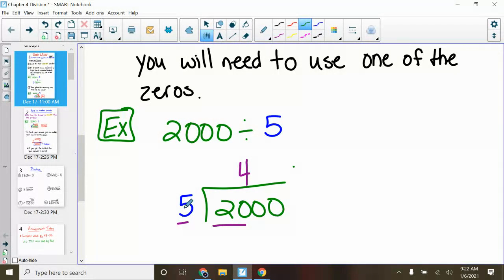So now instead of doing 5 fitting into 2, because I know 5 can't fit into 2, it's too big, I have to put 5 into 20. Okay, so now I ask myself, how many 5s will fit into 20? And this is where your multiplication facts come in. So you should say to yourself, oh, well, 5 fits into 20 4 times. And so that's where my 4 came from up here in my box.